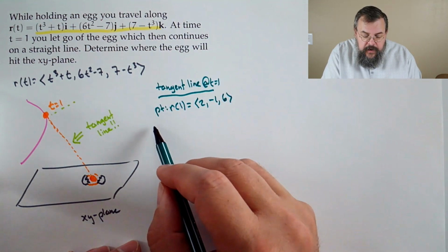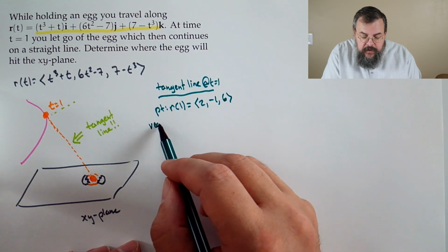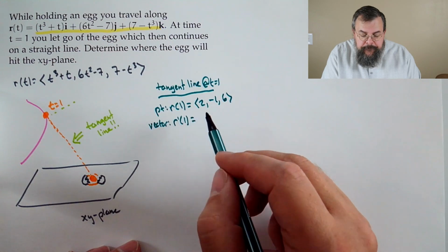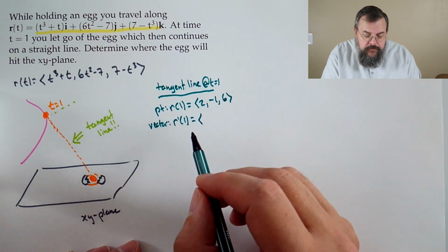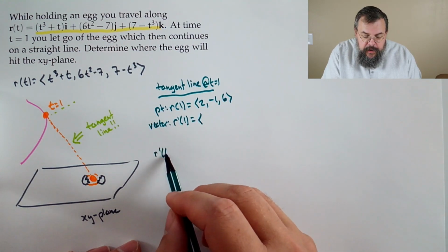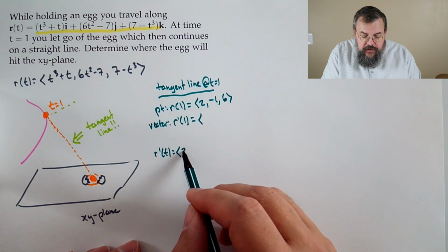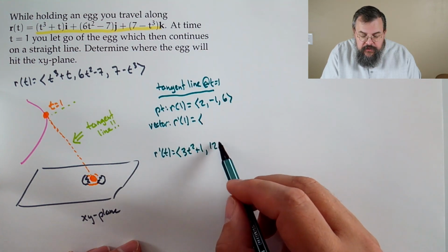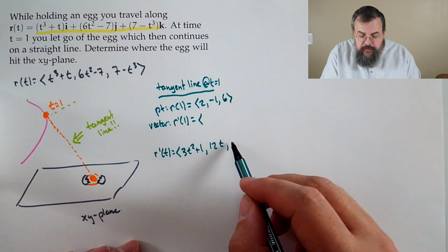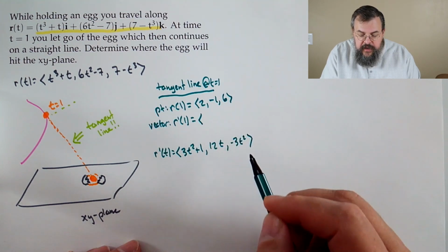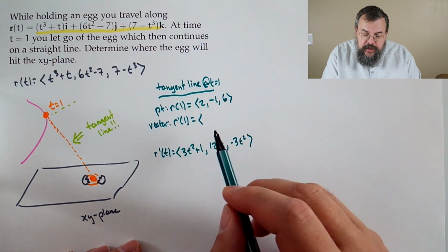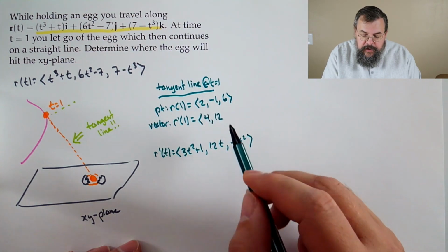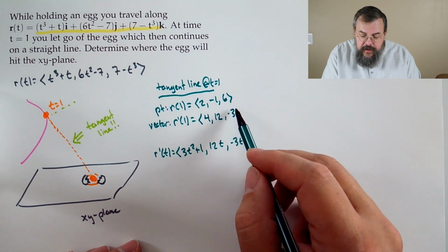Now, our direction vector, r prime of 1. Well, better do r prime. r prime of t is 3t squared plus 1, comma, 12t, comma, minus 3t squared. So when we plug in 1, we'll get 4, comma, 12, comma, negative 3.